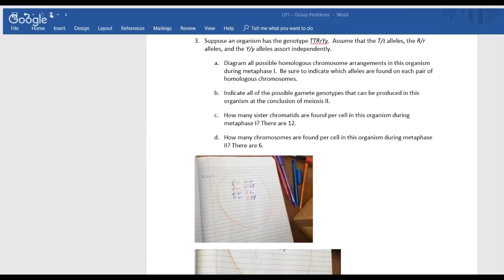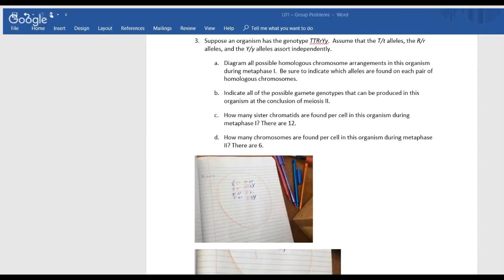And then you can also have big R, little r, which can go with big Y, little y, and little r, big R can also go with little y, big Y. So all these can be interchangeable, and that's what this is right here.